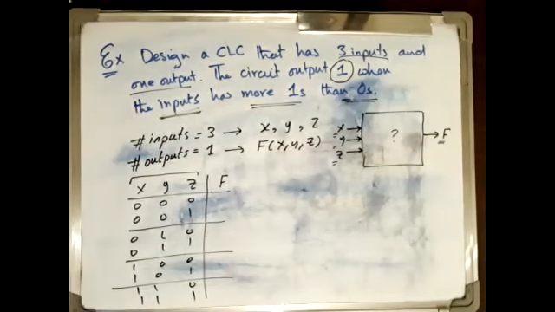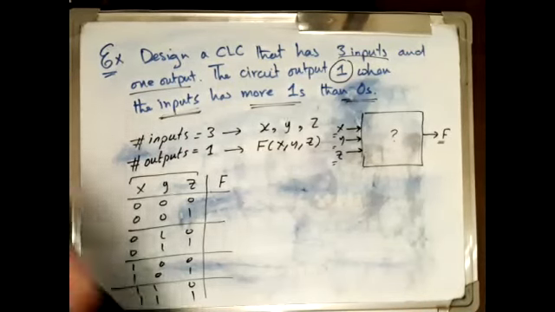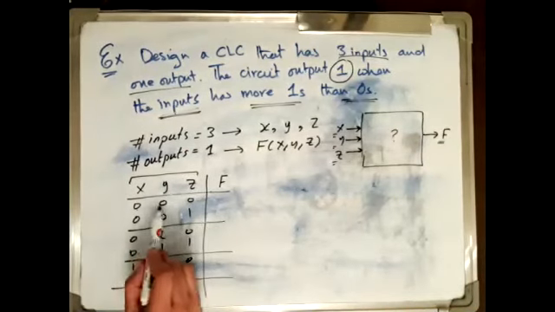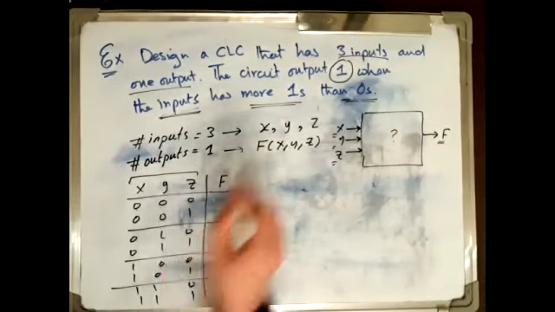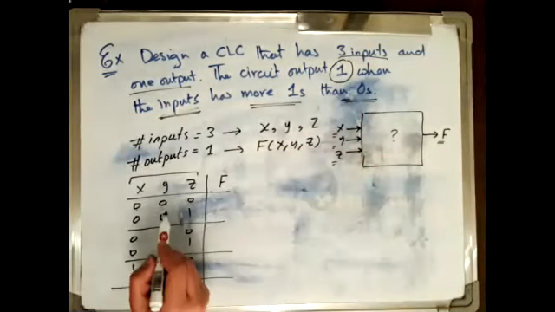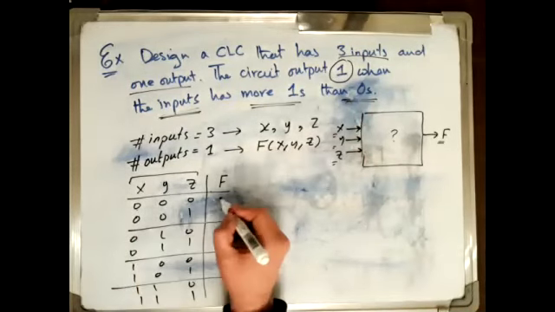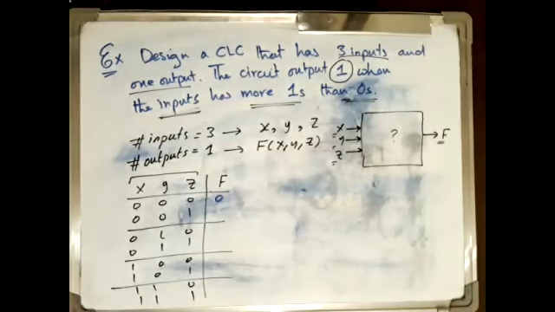So these are all possible inputs. What is the output of the circuit if the input is 0,0,0? It tells us that the output is 1 if the number of ones is greater than the number of zeros. We don't have any ones here, so the output will be 0.